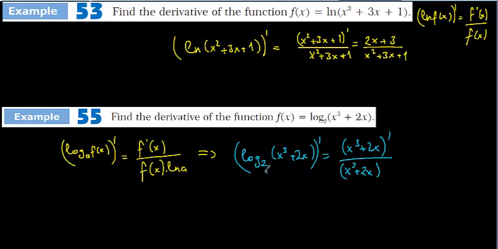The a value here is equal to 2, so this is going to be ln 2. And I have to find the derivative of this expression. The derivative of x cubed is equal to 3x squared, plus 2, so it's going to be 3x squared plus 2 over x cubed plus 2x times ln 2.